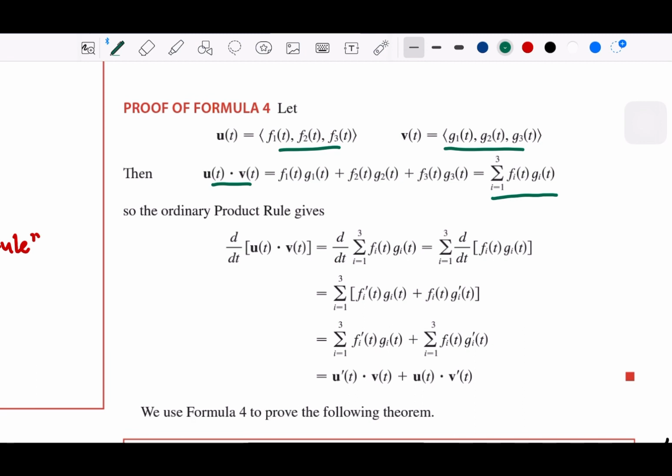And then if we take the derivative of u dot v, it means that we are going to differentiate the summation. So we differentiate this, and then we use the product rule, right?